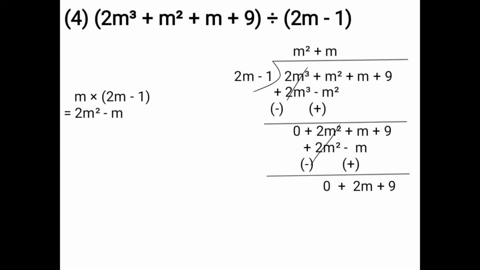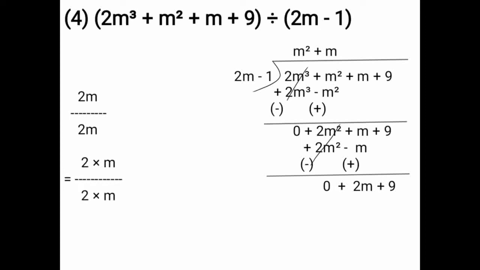Now you have to divide 2m by 2m. This 2m is the third term. 2m upon 2m is equal to 2 into m upon 2 into m. Cancel both 2 and m on numerator and denominator. If you cancel it all, the answer will be 1.